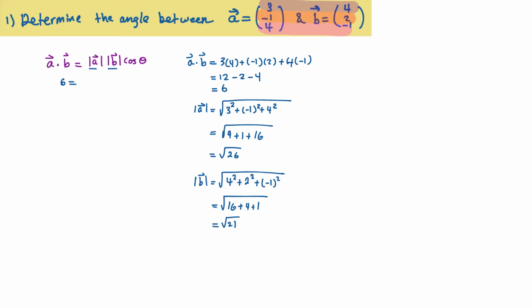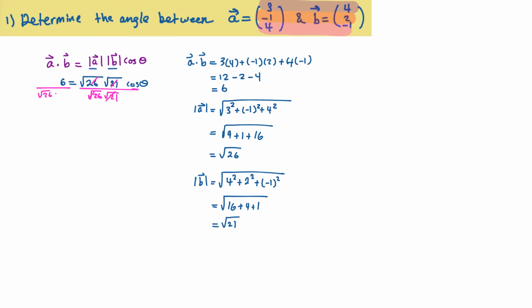Once I have this, I know that 6 is equal to root 26 multiplied by root 21 cosine of theta. I am going to divide both sides by root 26 root 21 to cancel these out.